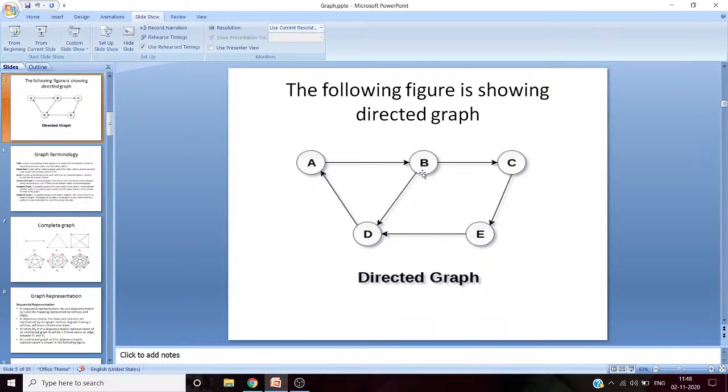Maybe we can use another path to go from B to A, like B, D, A. But there is no direct edge from B to A. There is one edge between A and B which has a direction from A to B. So, that is the directed graph. There will be a direction for every edge.